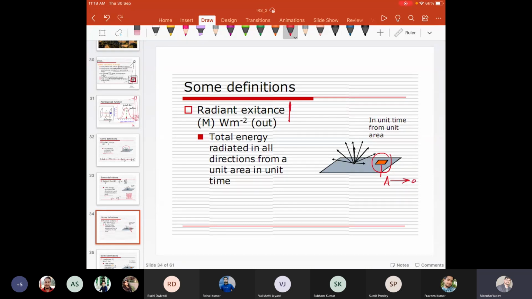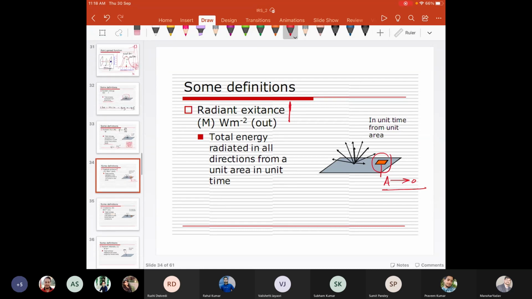We can say it tends to 0 when we talk about a point, meaning how much energy is radiated from a particular point. In that case, we can say A tends to 0.